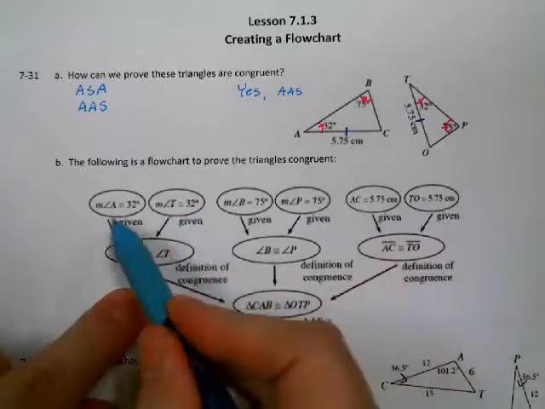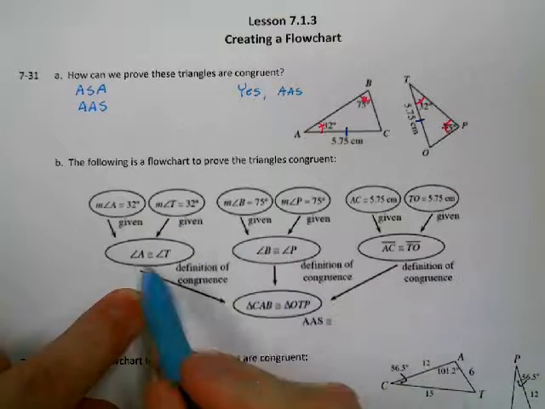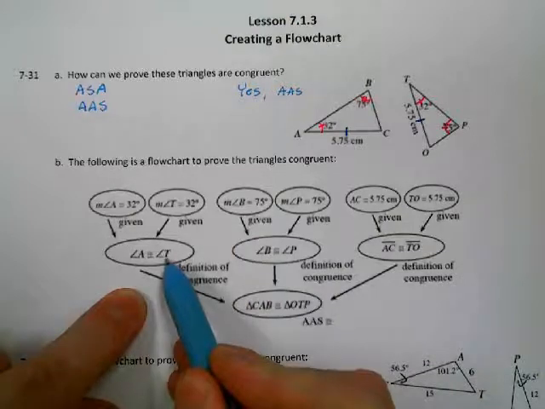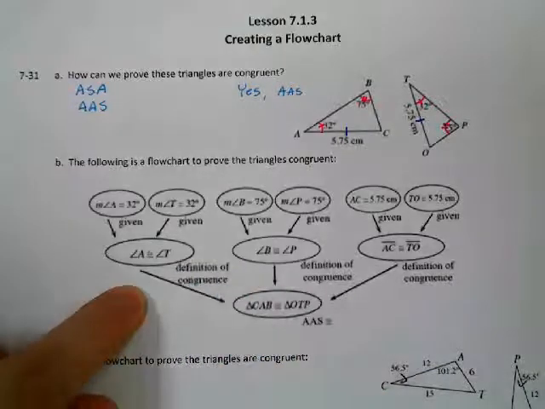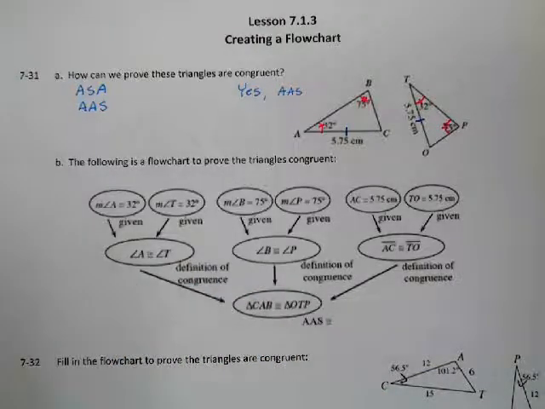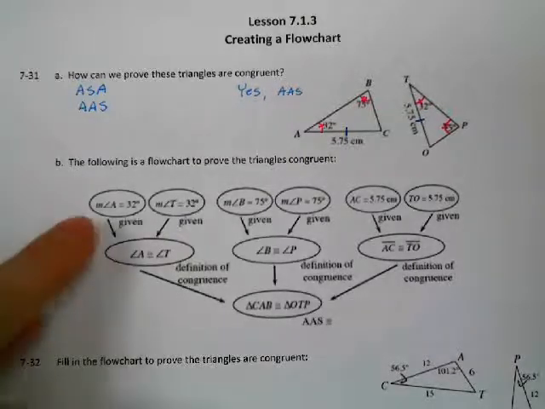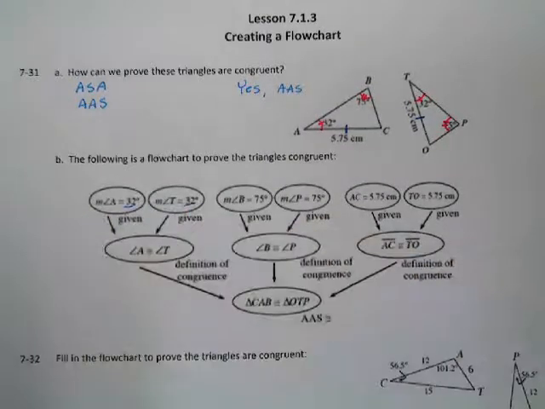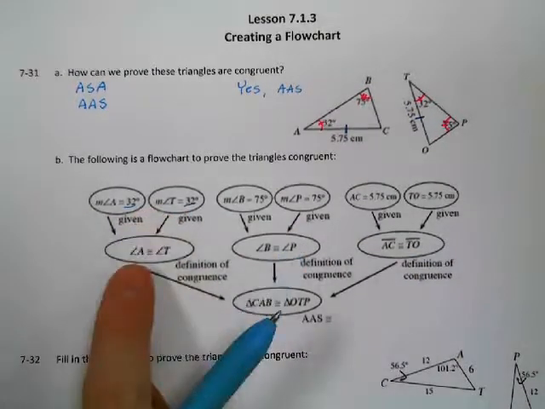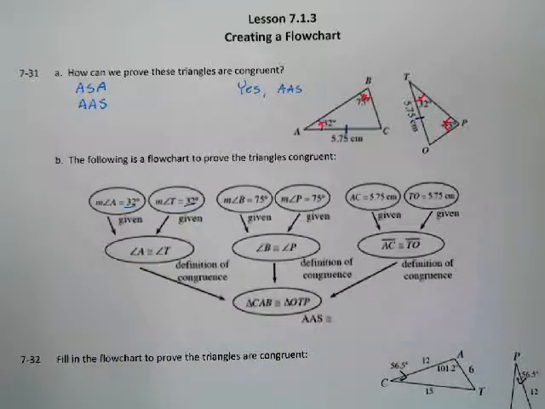If these are both 32, it means that they're congruent to each other, because that's what congruence means. So the reason is definition of congruence. We know that congruence means their measurements are equal to each other. Right here, we just showed their measurements are equal. They're both 32. So now we can say these are congruent to each other.